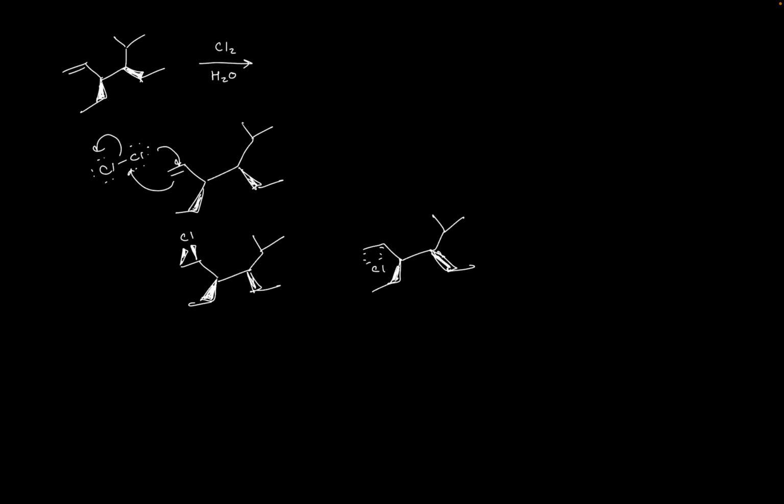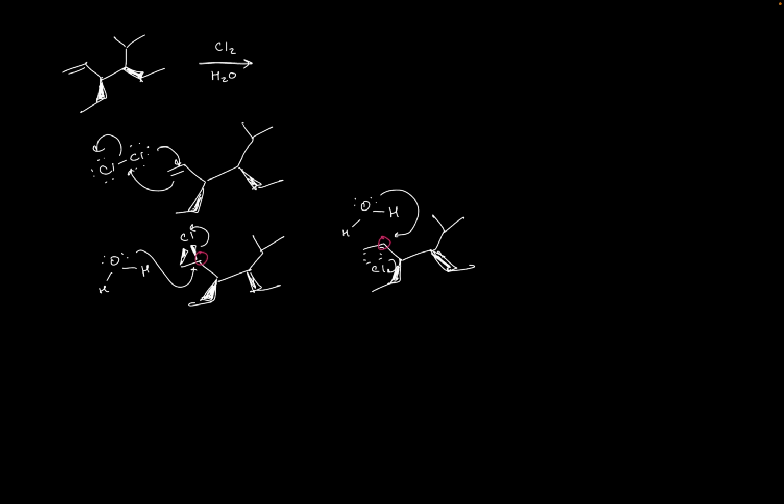After that, we have water coming in. And again, water is going to attack from the opposite side onto the more substituted carbon. So in this case, the more substituted carbon for each is going to be here, and it's going to be here. So in this case, water is going to attack from the bottom, pushing these electrons up top. In this case, water is going to attack from the top, pushing these electrons down here.